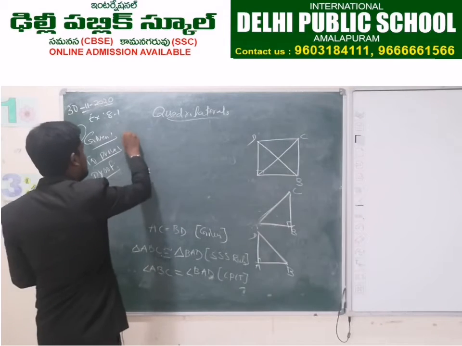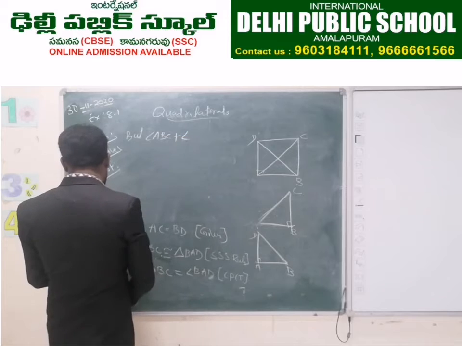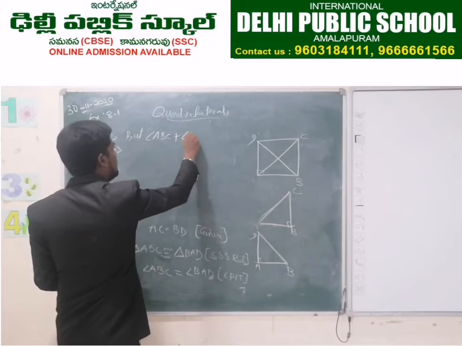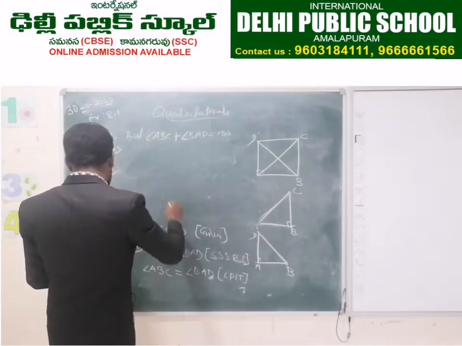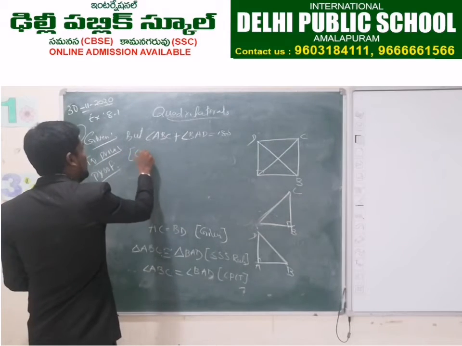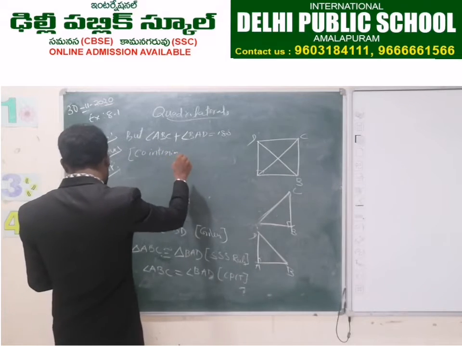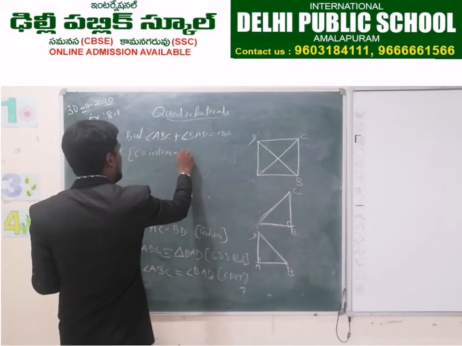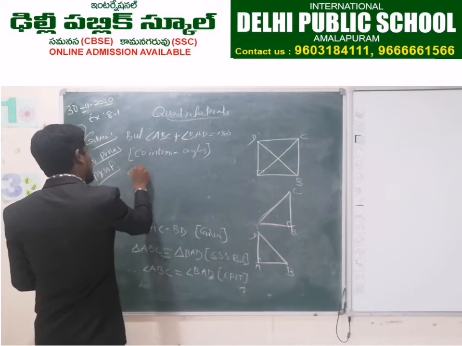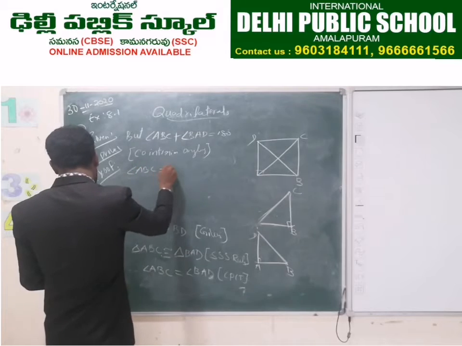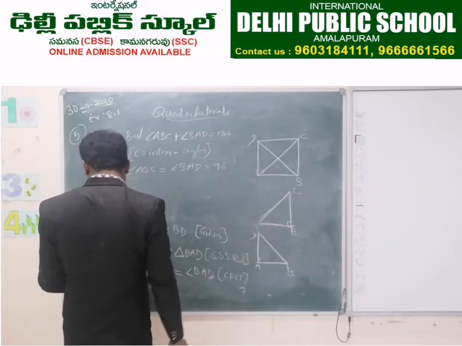But angle ABC plus angle BAD is equal to 180 degrees. Here we can write co-interior angles or consecutive interior angles. So angle ABC is equal to angle BAD is equal to 90 degrees.